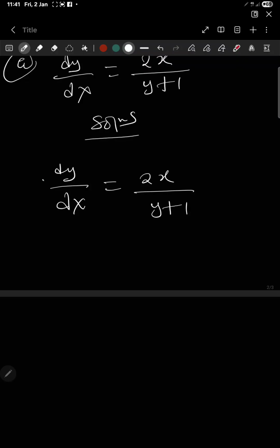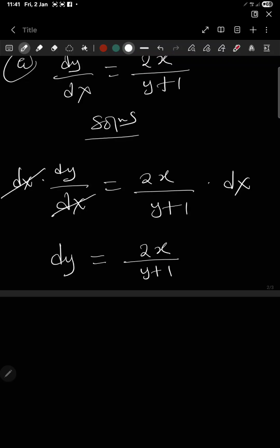You multiply this side by dx, and you also multiply the other side by dx, so that this dx and that dx cancel, and you end up having dy is equal to 2x over y plus 1 dx. Now we want to attach the function of x to dx, which is already what we've done. But we also want to attach the function of y to dy. So what can we do? We remove this 1 plus y.